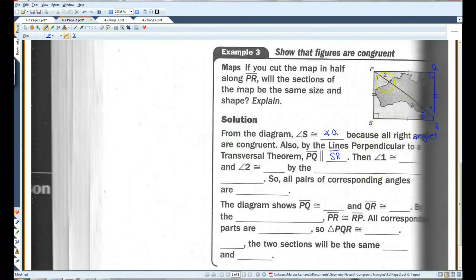So, if these lines are parallel, then angle 1 has to be congruent to angle 4. And angle 2 has to be congruent to angle 3. Because those are alternate interior angles.